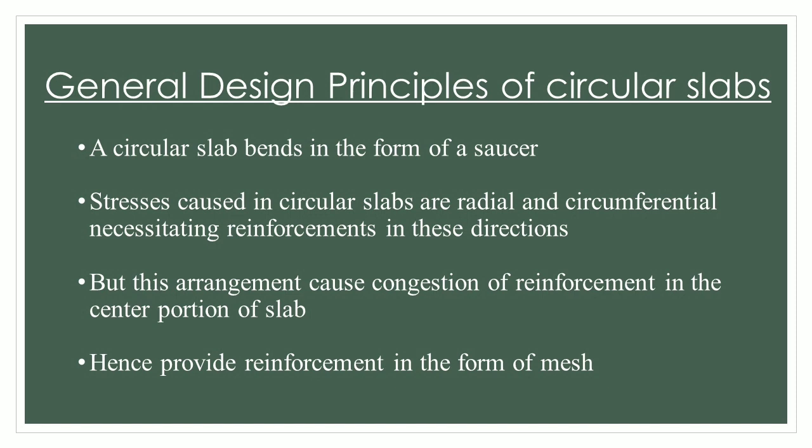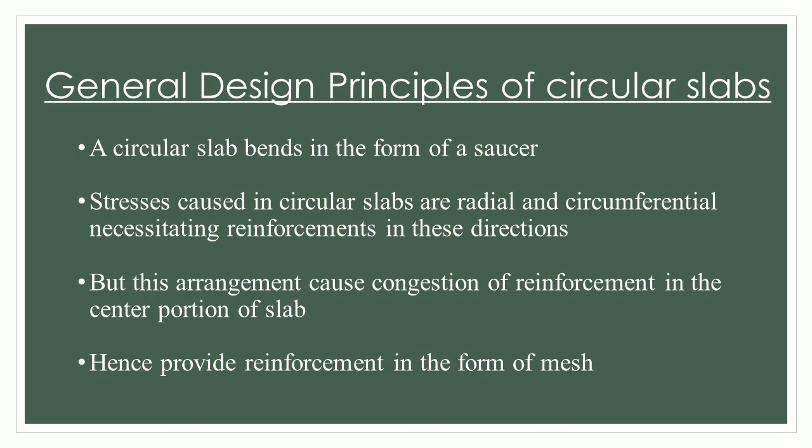Moving on to the general design principles of circular slab. The bending of slabs is usually different from a rectangular slab, where bending takes place in distinctively two perpendicular directions along the two spans.